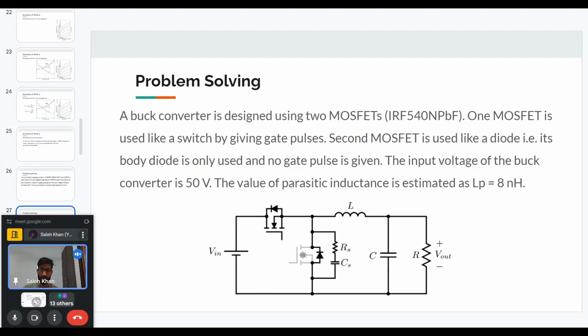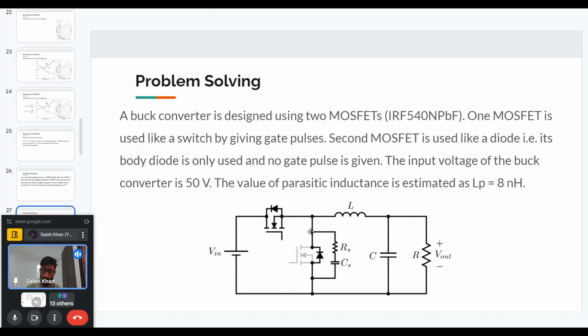Even though it is not written which MOSFET we give the pulses to and which MOSFET we use as a diode, it is understood that it will be the low side device, because the top one is the main controlled MOSFET. If this one we use as a diode only, then the buck converter will not work as a buck converter.